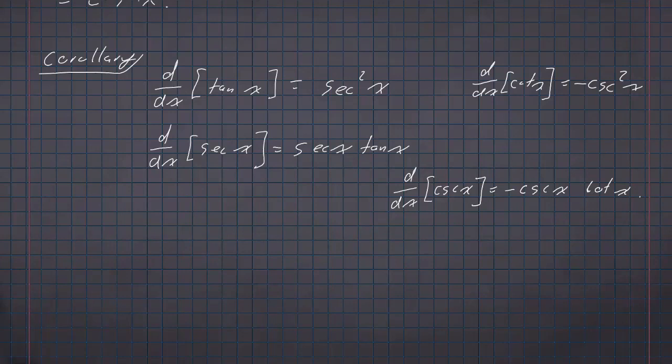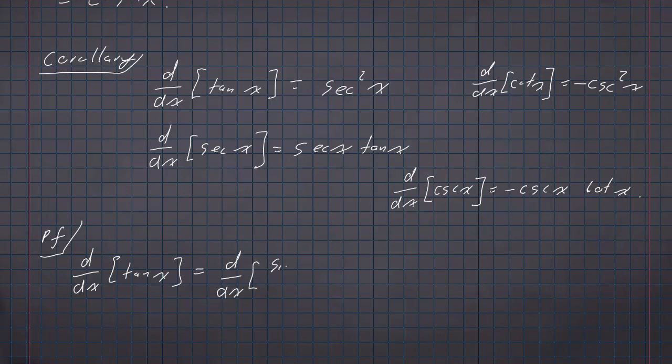We can prove these using the quotient rule for derivatives along with the ideas of the ratio and reciprocal identities. So I'm not going to prove all of these again, but let's take a look at tangent. That's the most complicated one. The derivative of the tangent of x, well, tangent is sine divided by cosine.